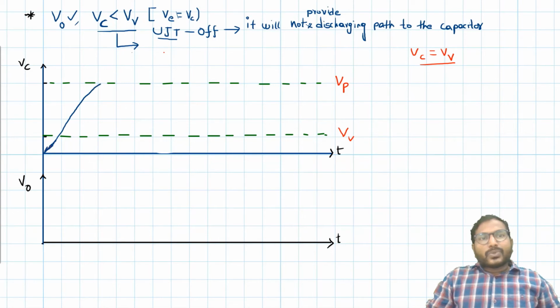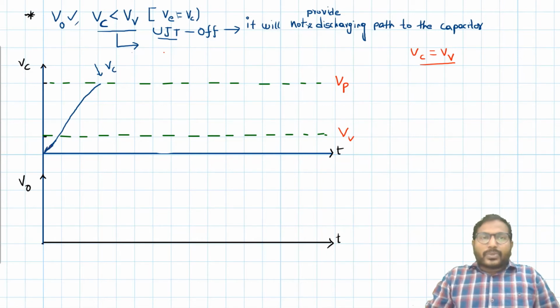When it reaches this dotted line, it is called the peak voltage. In this discussion, the capacitor voltage acts as the emitter voltage. When VC is equal to VP, that is, the emitter voltage equals the peak voltage, at this instant the UJT turns on.